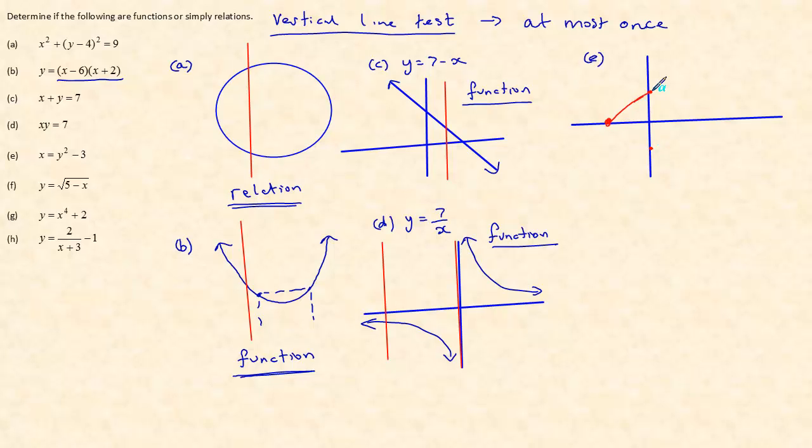And we know that this type of thing is a parabola on its side, like so. And if we put any vertical line through there, and the axis was an example of that, it cuts twice. So this one here is simply a relation, not a function.